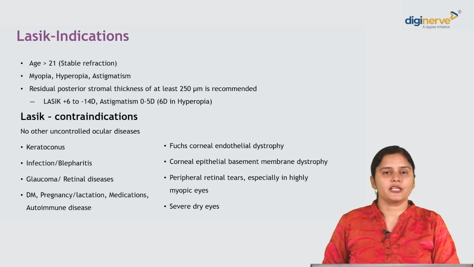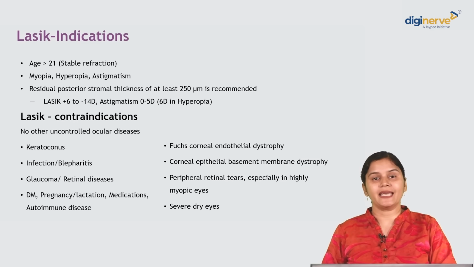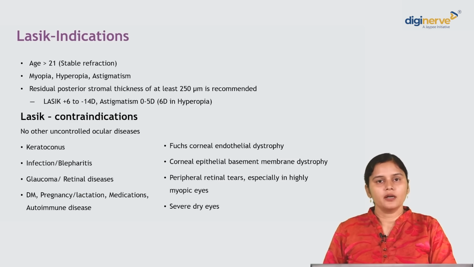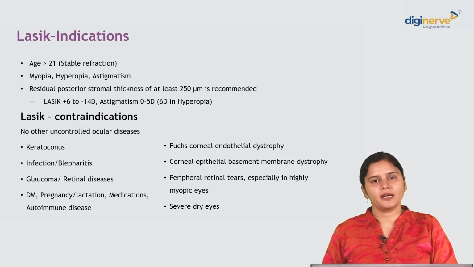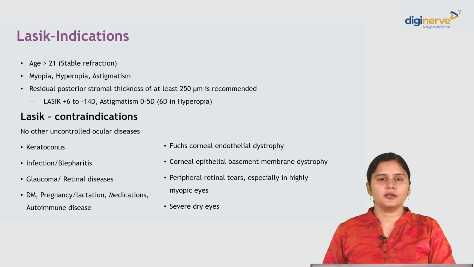What are the indications of LASIK? It is very important that whenever you are thinking of correcting any refractive error, you should consider the following: that the person is not having any progression in the refractive error for the past 2 years. Moreover, the person has not used contact lenses for the past 2 to 3 weeks, so that there is no deforming of the cornea due to the presence of the contact lenses.